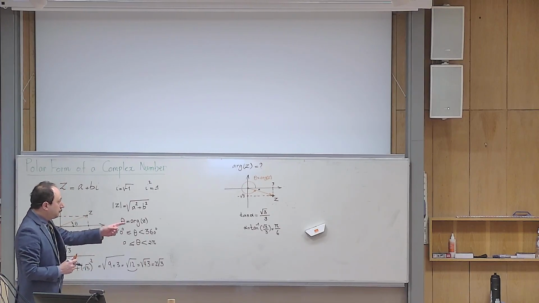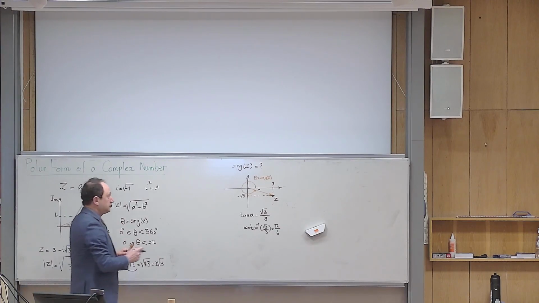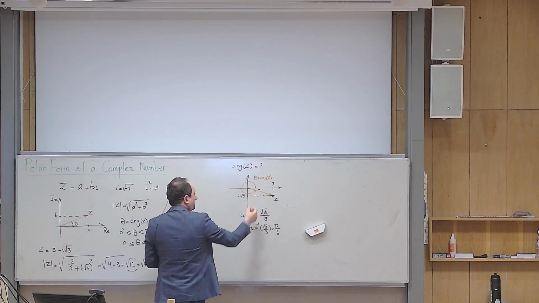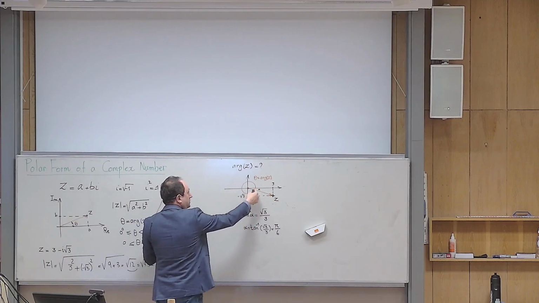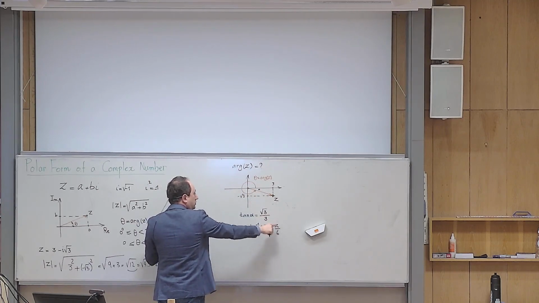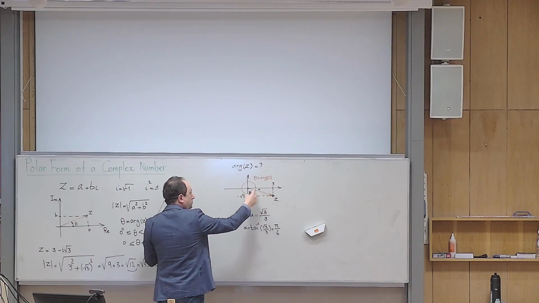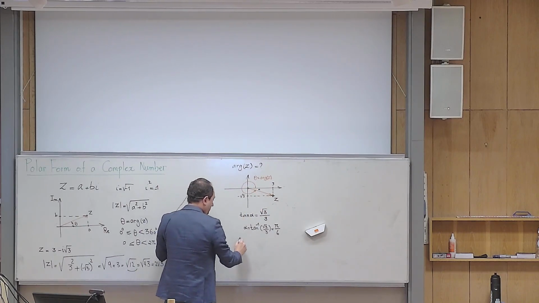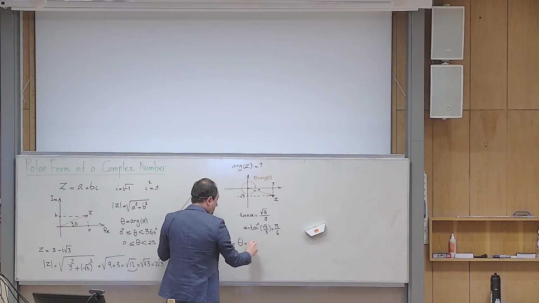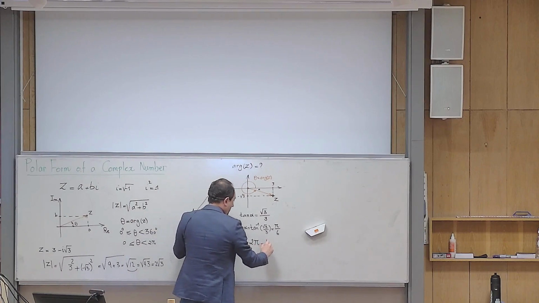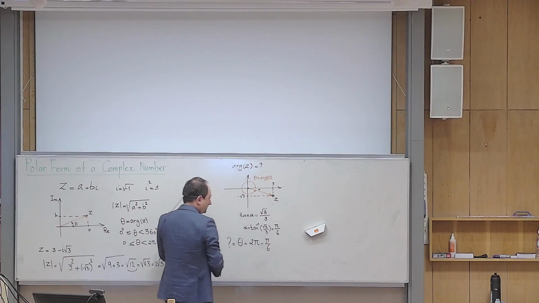But be careful, alpha is not the argument itself, the argument is this angle. Of course, it is clear that the whole angle is 360 degrees or 2 pi. I already know alpha, so if I subtract it from 2 pi, I get the theta. So theta that I am looking for is 2 pi, which is the whole angle, minus this angle pi over 6 that I found here.